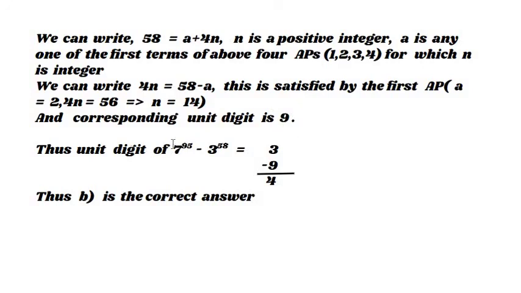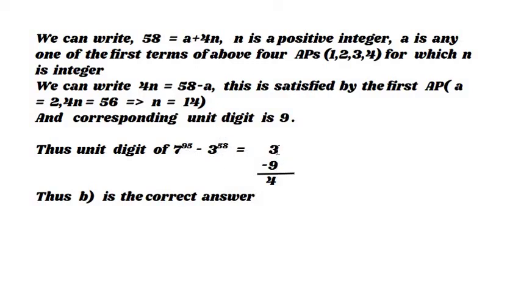Now the unit digit of the expression 7 raised to the power 95 minus 3 raised to the power 58 is 3 minus 9. The unit digit of 7 raised to the power 95 is 3, and that of 3 raised to the power 58 is 9.